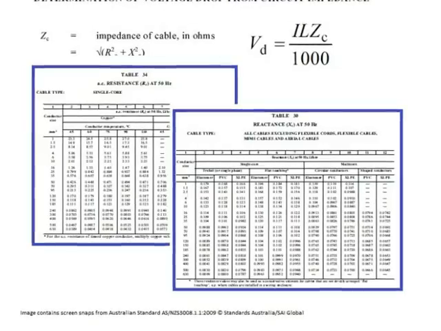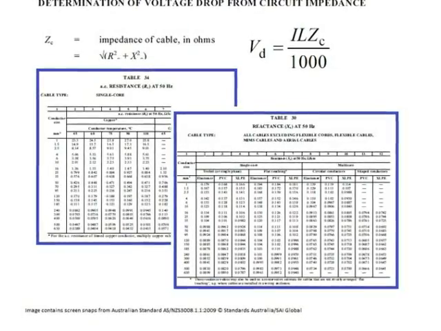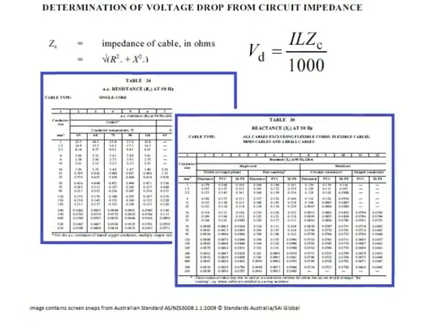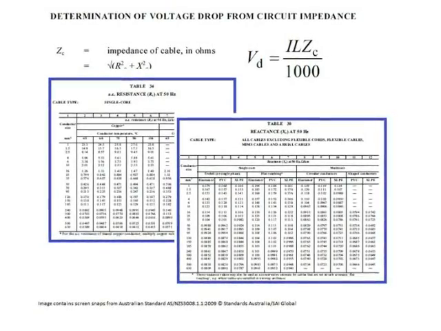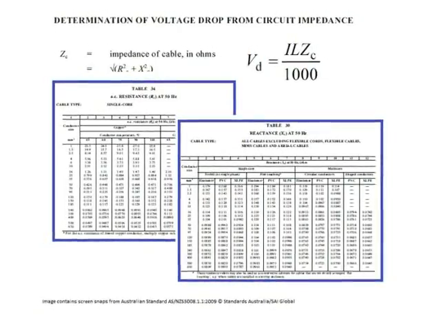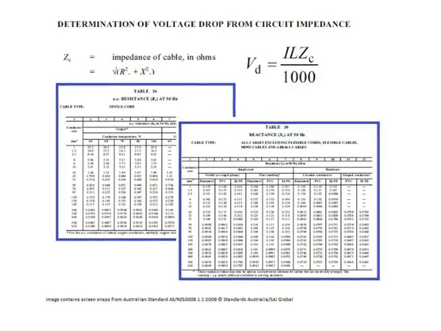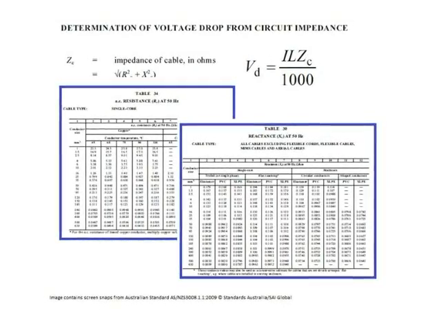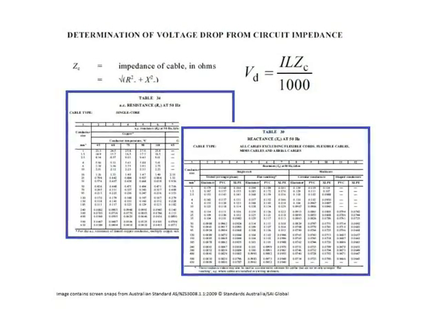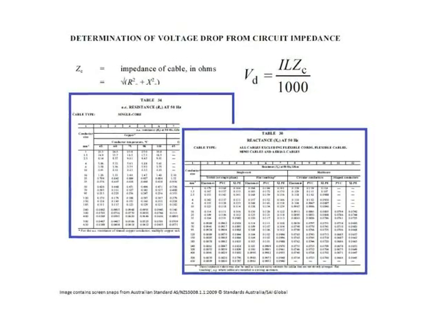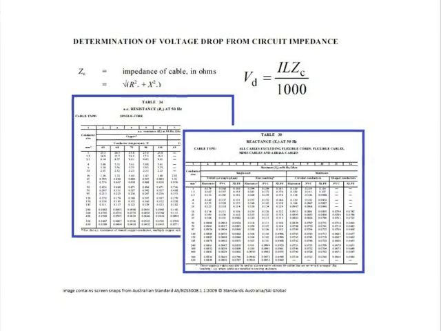In section 4, as you read through, you'll also see other methods of determining volt drop. In this particular case, volt drop from the circuit impedance, where they're using the two tables there, which give the resistance of the cables over a particular length, and the impedance of the cables.